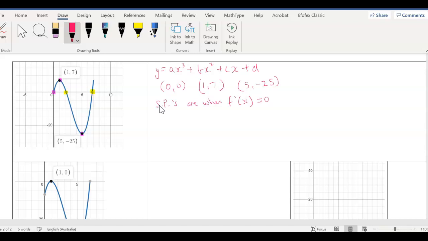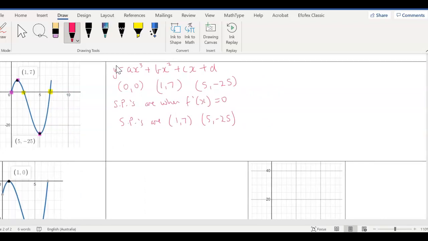The stationary points are at (1, 7) and (5, -25), so you can see they're labeled on the graph. So now we've got 5 bits of information, but we've just got 4 unknowns. So we've got more information than what we need, which is great.